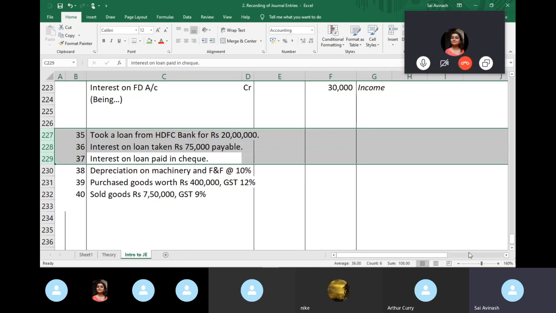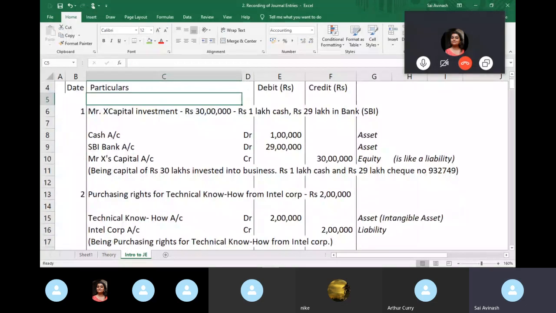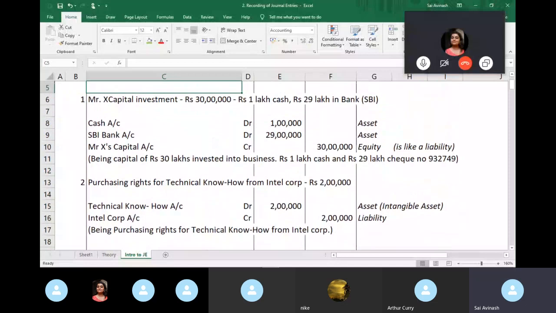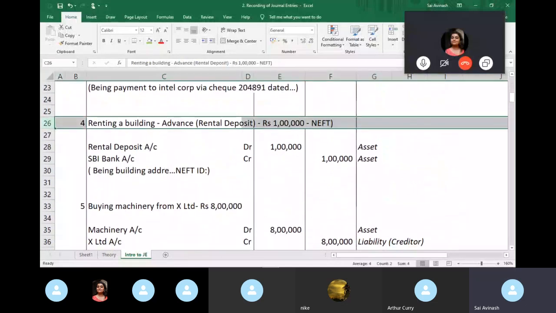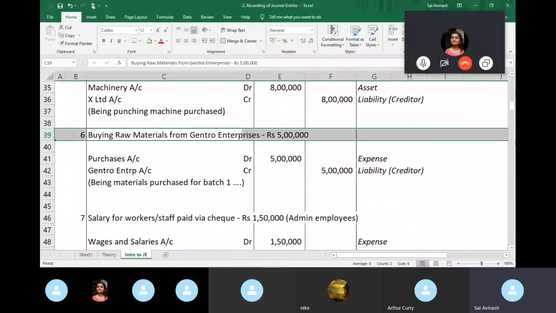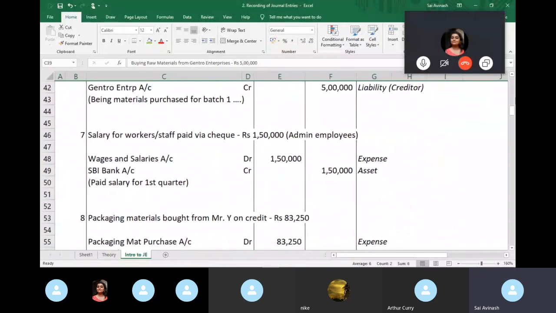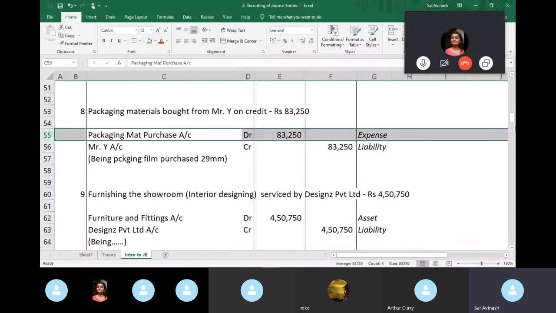So we've covered the majority of the types of transactions we have. We've seen how to invest in the business. We've seen how to purchase assets, how to pay advances, rental advance, fixed deposits, purchasing machinery, which means getting an asset, purchasing inventory, raw materials, how to pay salary, how to account for different types of materials.